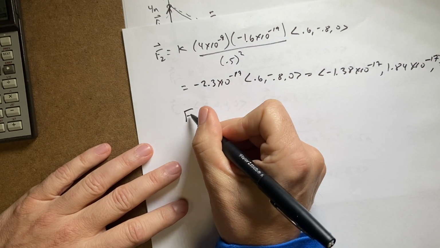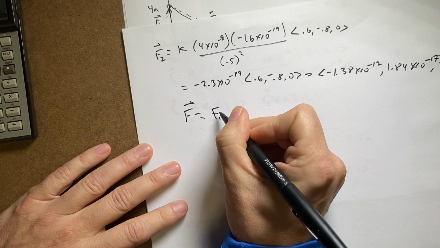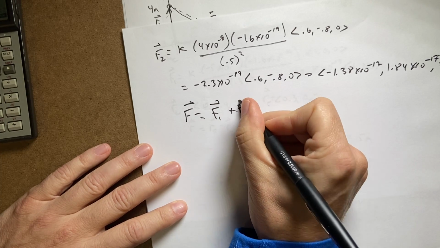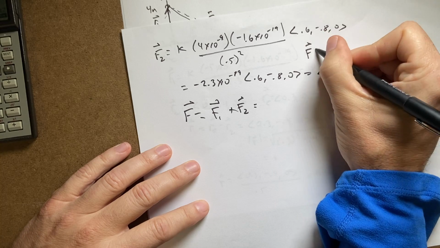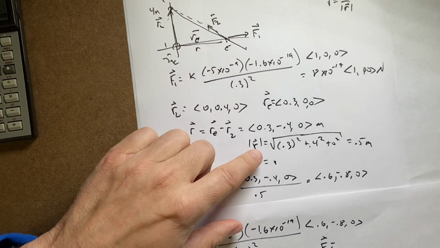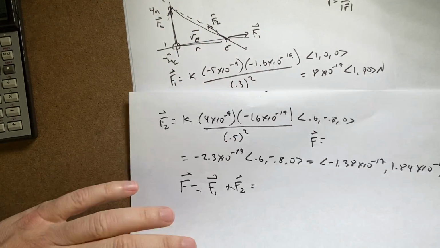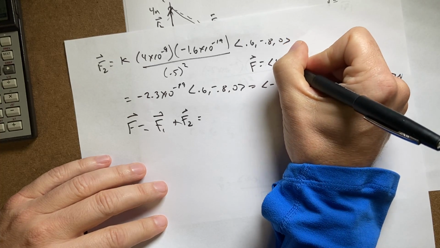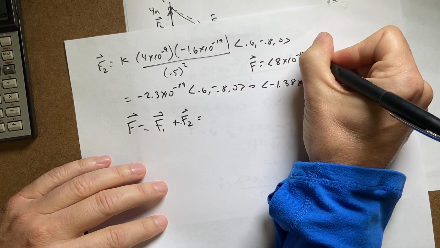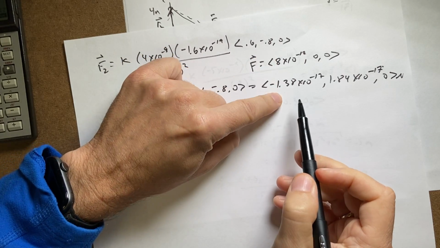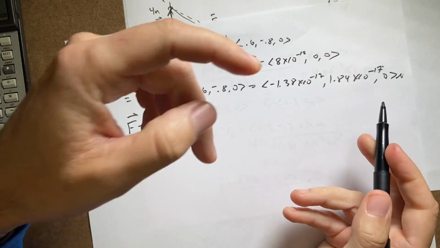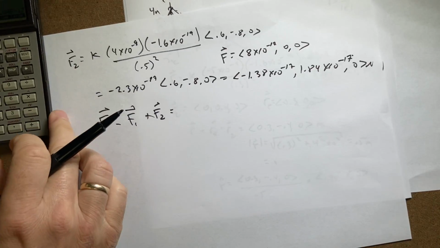So now I have two forces. So F total is going to be F1 plus F2. So that's going to be equal to this. Let me write up here F1. I already had it. It's 8 times 10 to the negative 17th, 0, 0. So all I need to do is add these two components together, and then 0 plus that and 0 plus that. So that's pretty easy. So I just need to do this one right here.